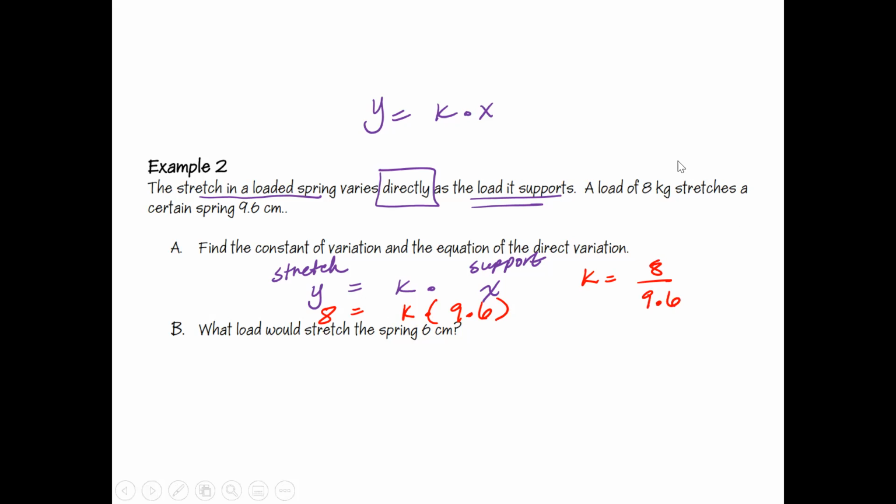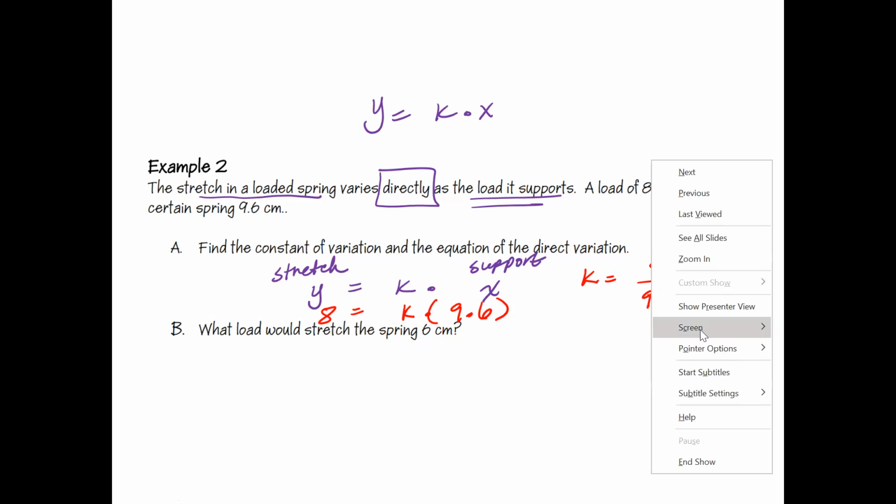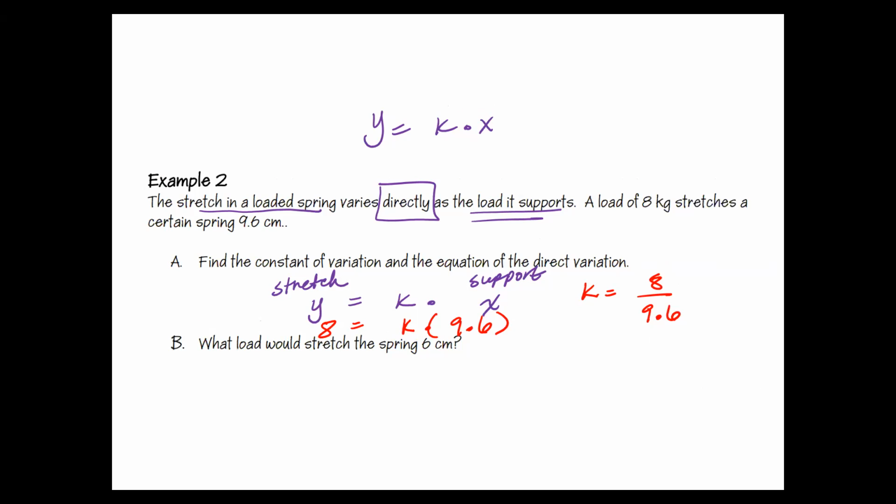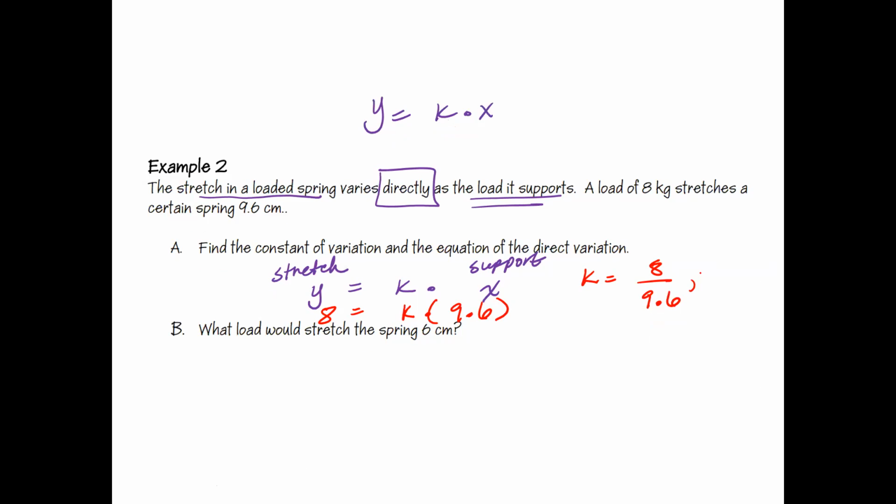So then I'm going to go over to my calculator. 8 divided by 9.6 is going to be 0.83. So k equals 0.83. So then I'll just have y is equal to k, which is 0.83x. And that's my equation, okay? Y is still the stretch, x is still the support.